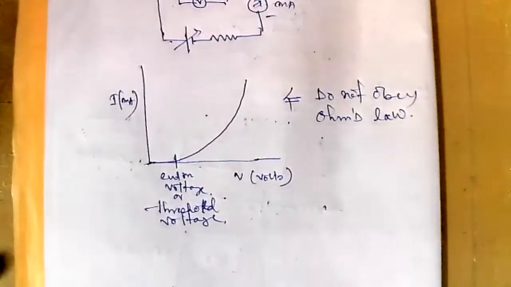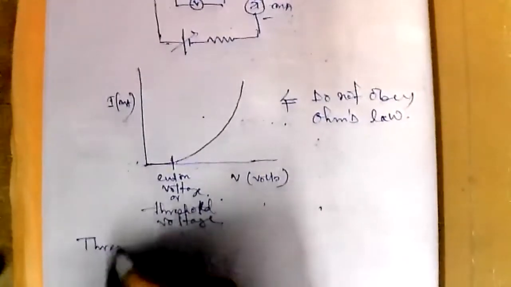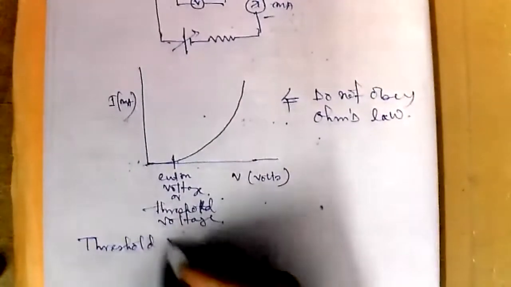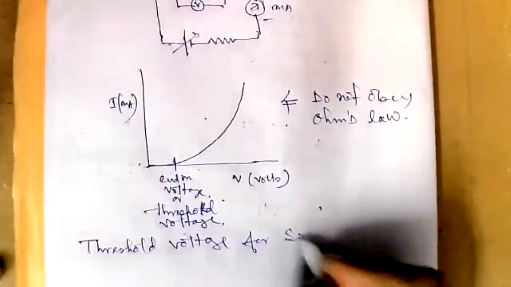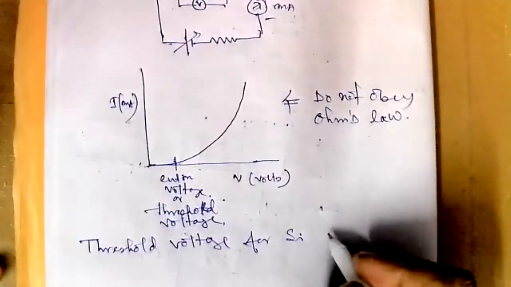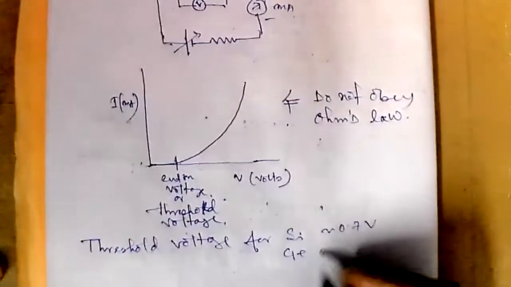But in general, threshold voltage for silicon is about 0.7 volt, for germanium about 0.2 volt.